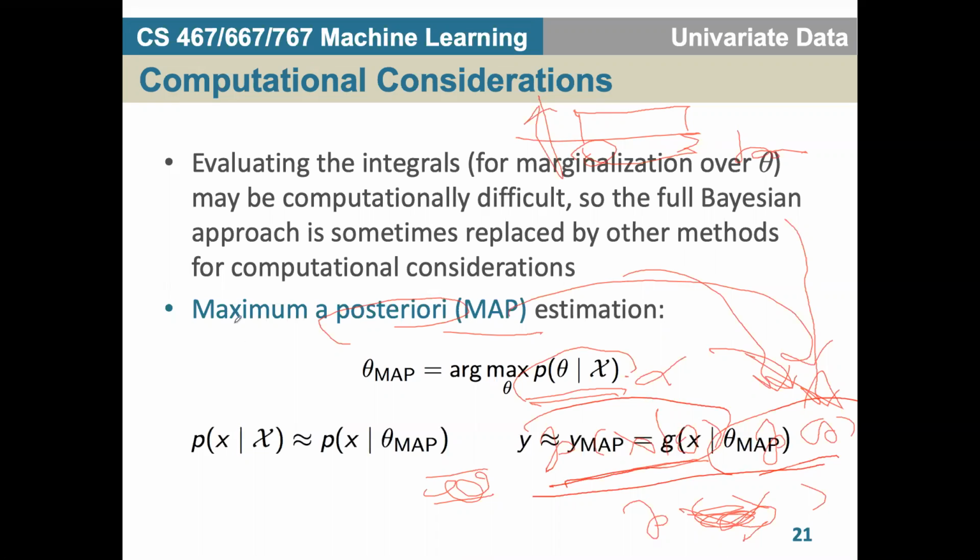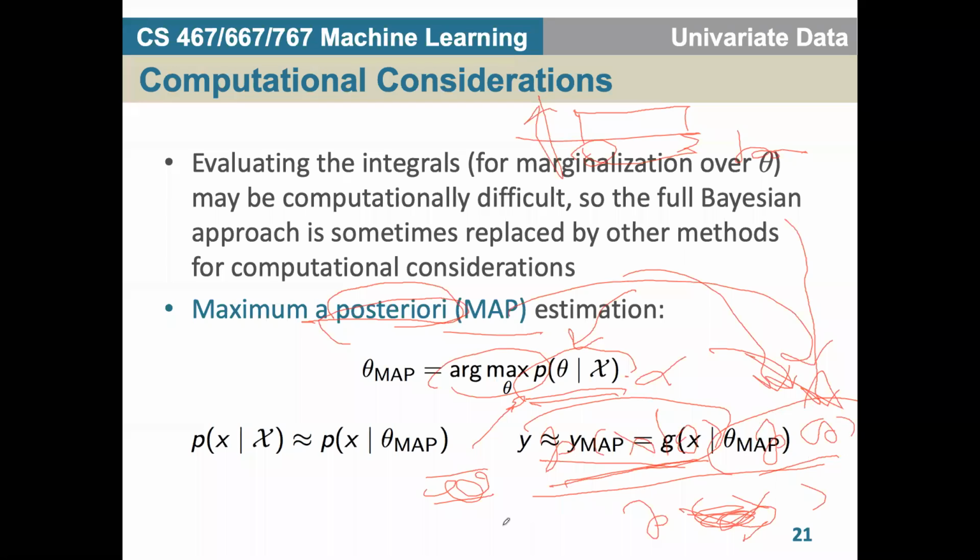Again, this is an optimization problem. If we maximize theta... Did you say a posteriori means we are considering previous data? No, a posteriori means we consider the posterior probability. This posterior is equal to the generative probability times the prior, which means we are considering the prior.